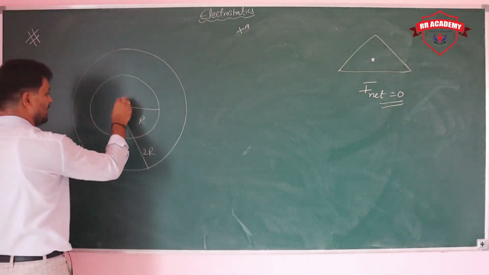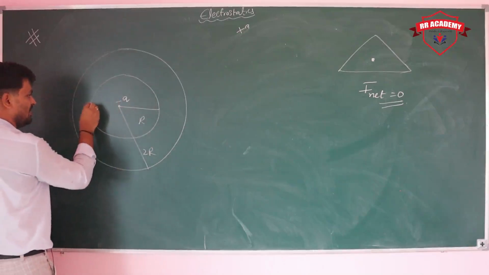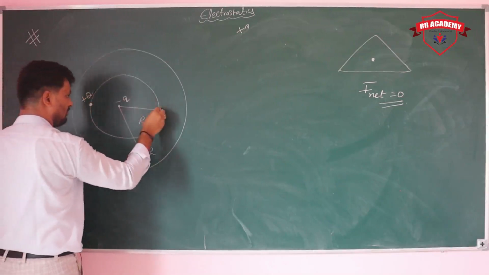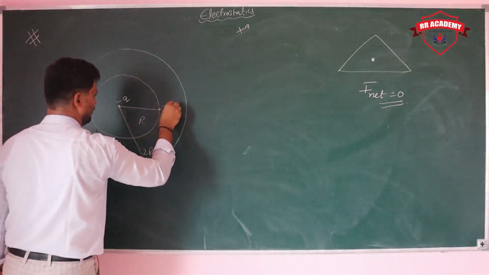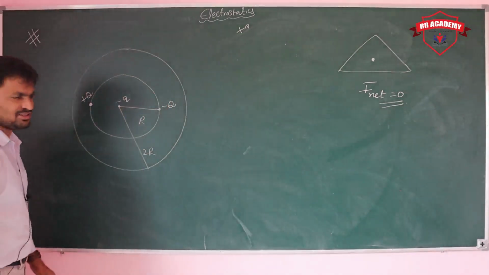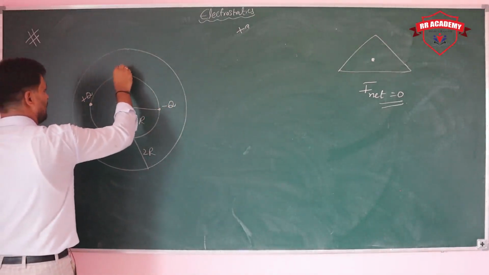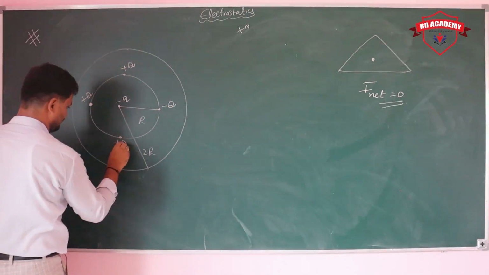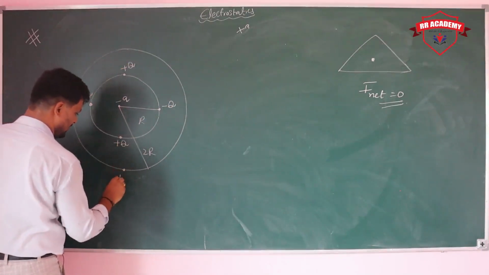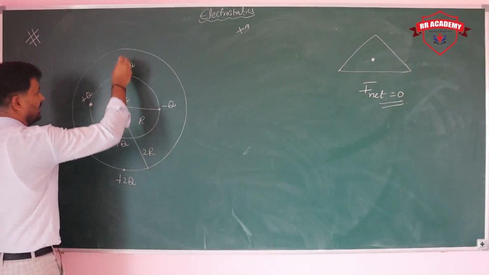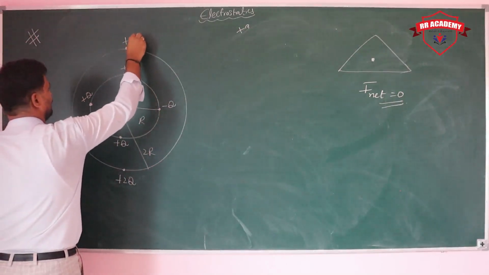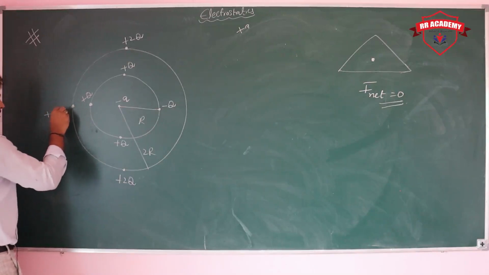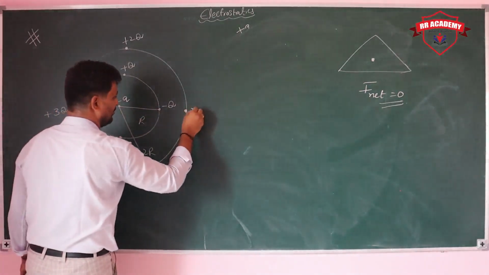Now here I am placing a negative charge, and here I am placing the charges. Here plus Q, here minus Q, here plus Q, here minus Q, here plus Q, here plus Q. Here plus 2Q, here plus 2Q, here plus 3Q, here plus 3Q.